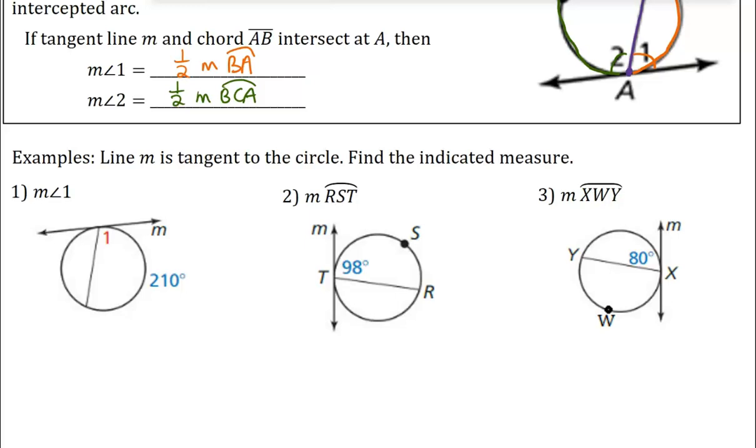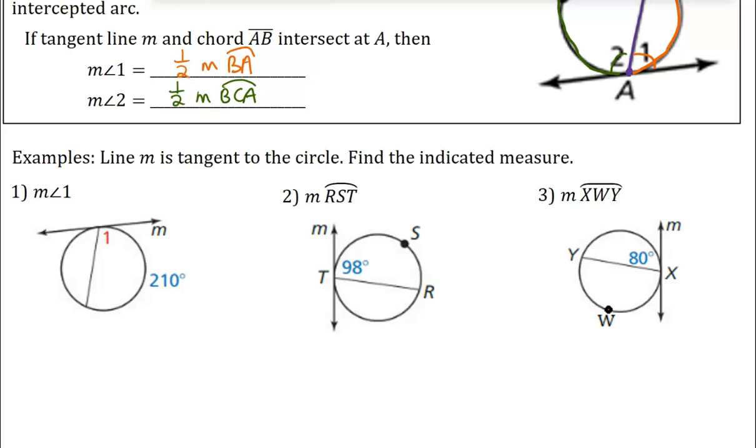If we have angles where the vertex is on the circle, either formed by two chords or a chord and a tangent, then we are going to set up a relationship where the angle is half of the arc. And because different parts could be unknown and different parts could be known, or maybe we have variable expressions, I would recommend that you use that relationship to write an equation.